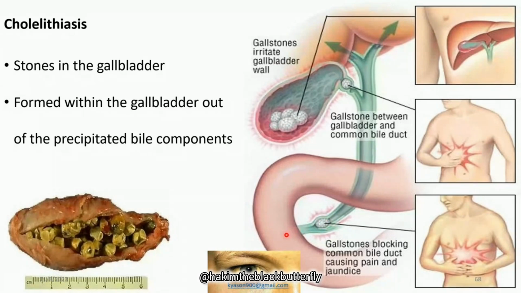So all in all, these patients are going to feel so much pain within the right hypochondriac region, or you can say the right upper quadrant. This pain is going to radiate towards the right shoulder, as I explained yesterday.